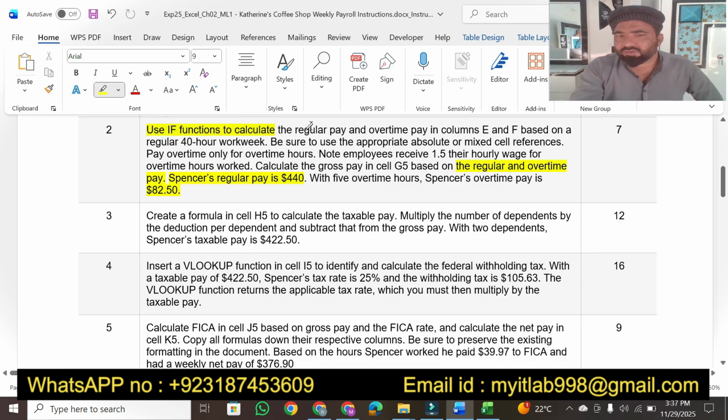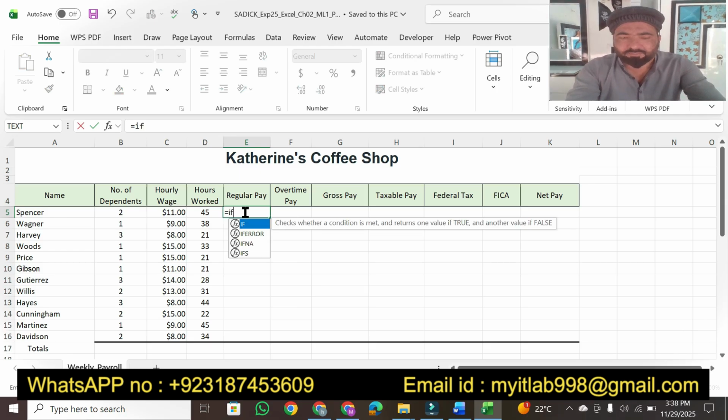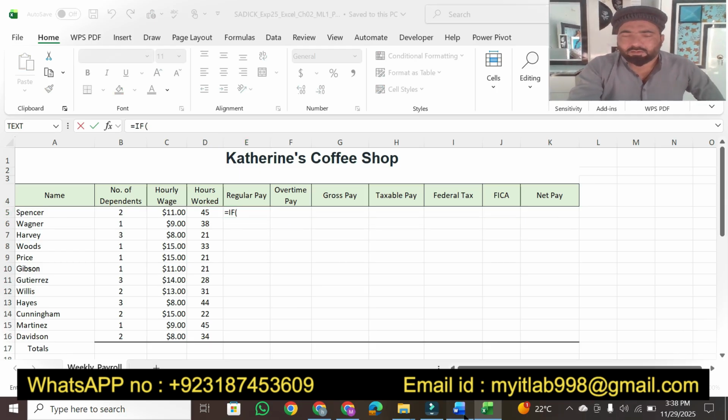After reading the instruction of question number 2, we get the idea that we have to use a function to calculate regular and overtime pay, which is in columns E and F. So first we have to move toward column E. Here we use the IF function. Then what is the condition?